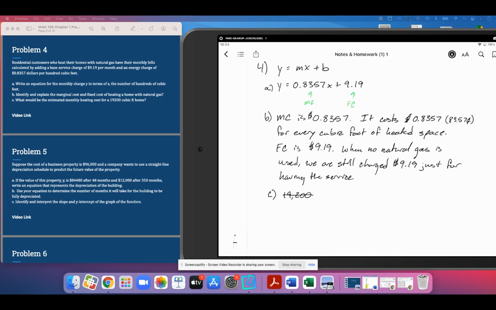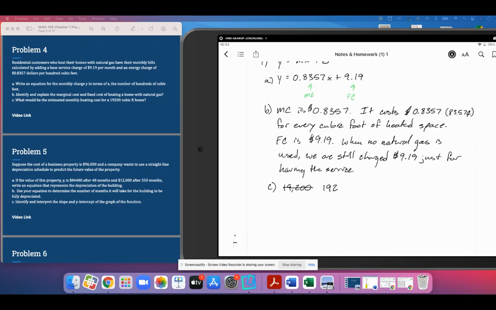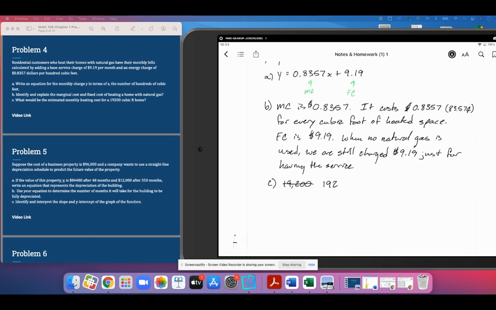We are going to divide by 100, and we are going to get 192. So very careful that when we see that this is done in dollars per 100 cubic feet, we have to remember that the number that goes into the equation is going to be the number of total cubic feet divided by 100, and that's going to make a big difference.